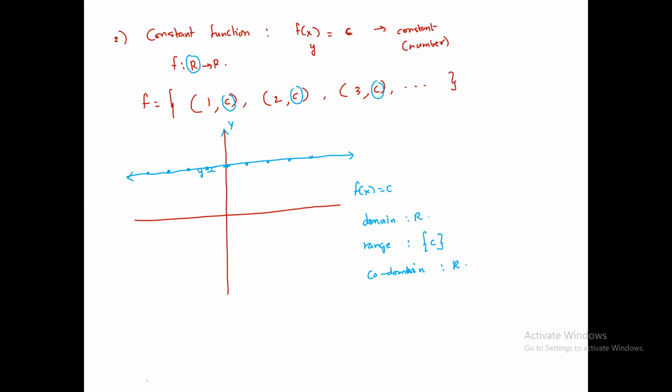Let's go to the third function. Third function is polynomial function. How do polynomials look? The function also looks like that. The function will be a0 plus a1x plus a2x square plus a3x cube.